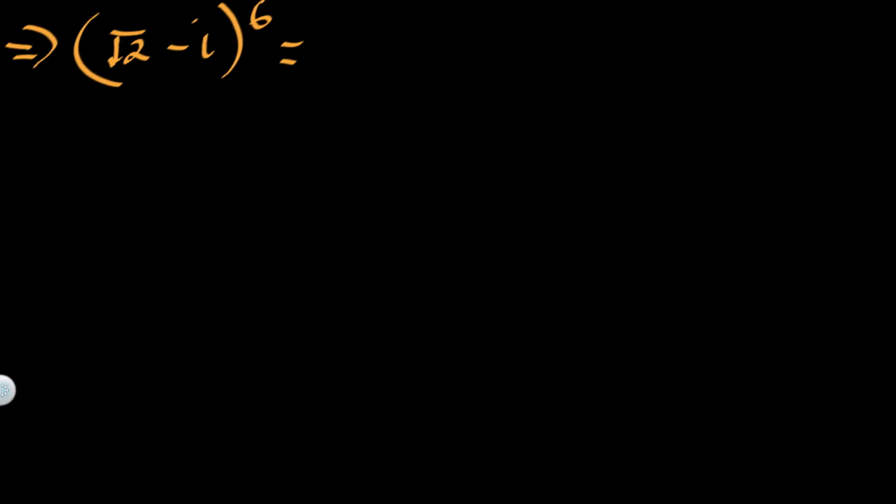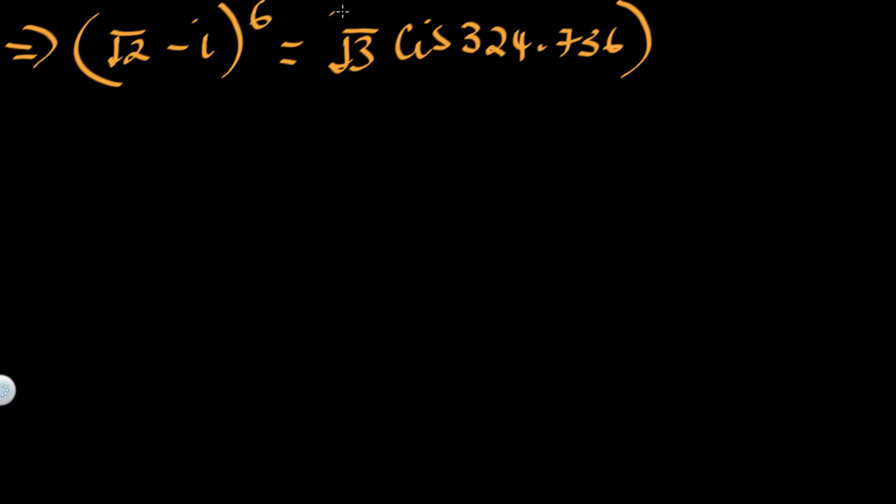It is the same as root of 3, which is our r, cis 324.736 degrees, all of this raised to the power of 6. To the left hand side here, this is the rectangular form, and here we have polar form.